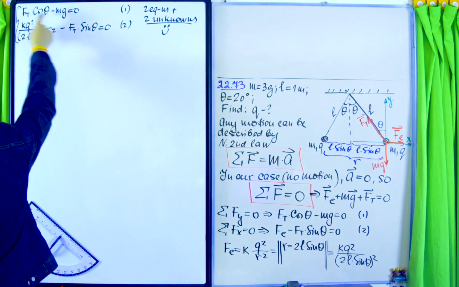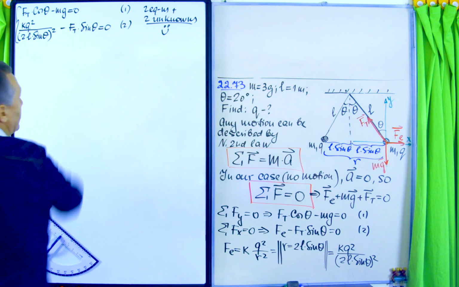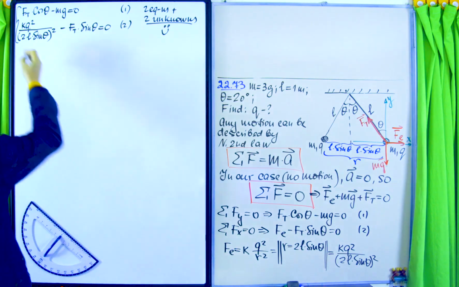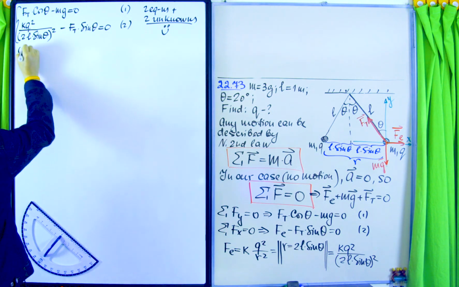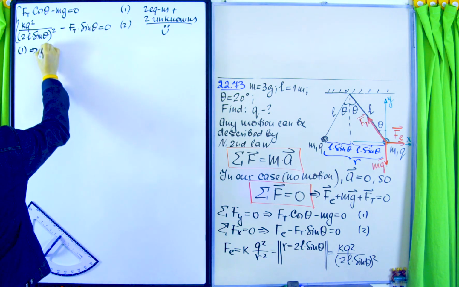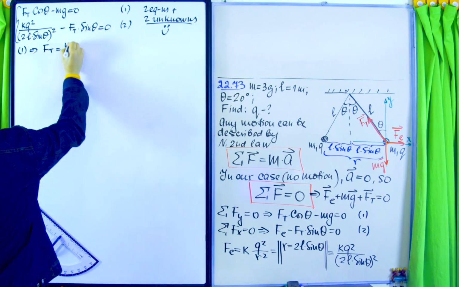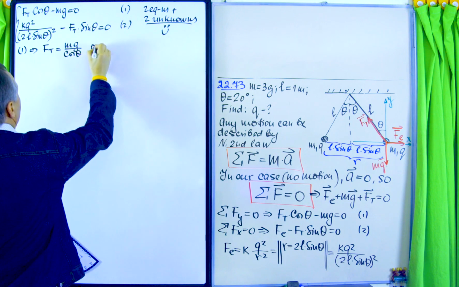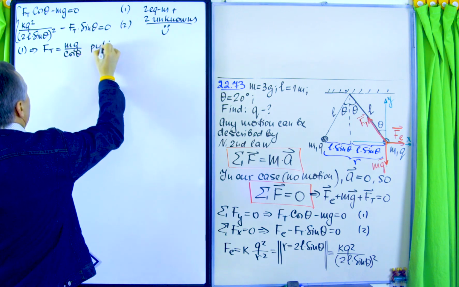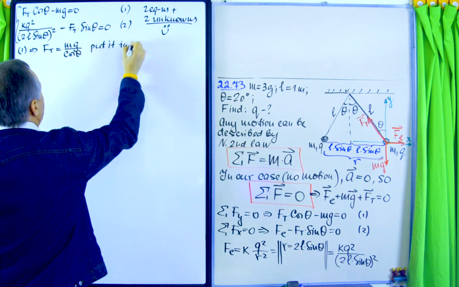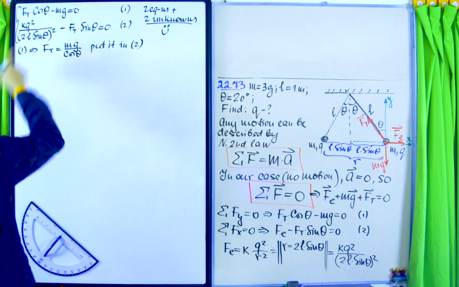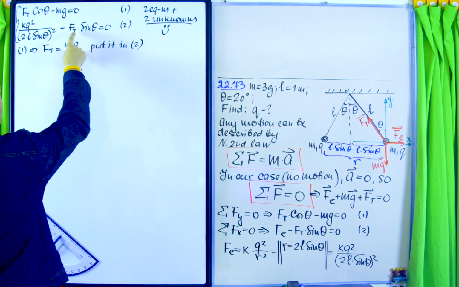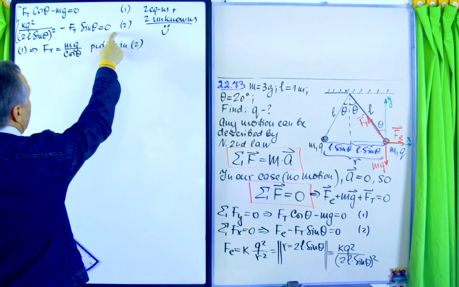Let me get the tension first from the first equation, plug it in the second, and as a result, we will end up with one unknown, q. Let me write that down. So first, from the first equation, I will get that Ft equals mg divided by cosine theta, and then put it in the second equation. This term with minus, I will move to the right-hand side with plus.